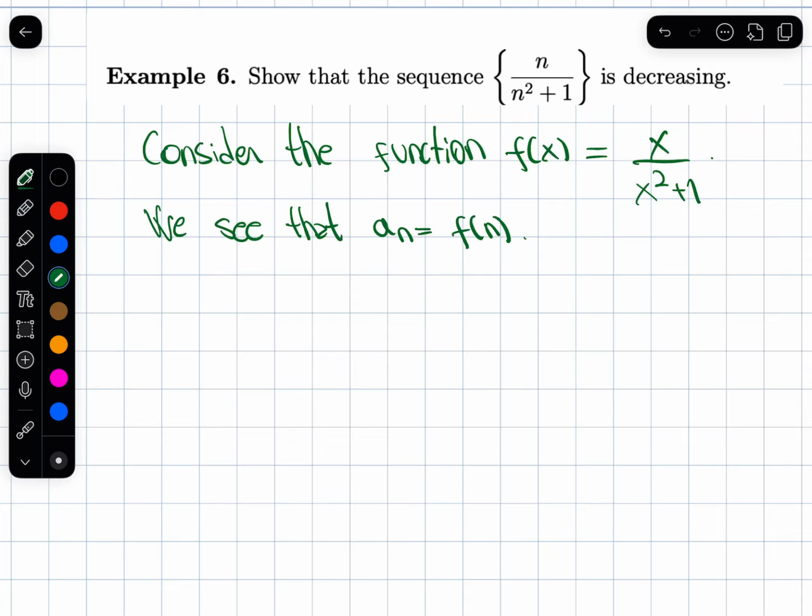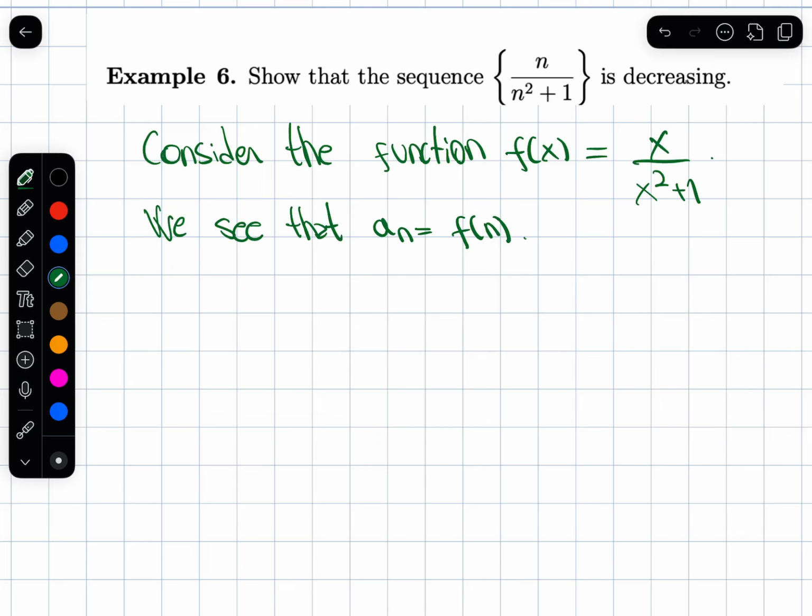For any natural number that you plug into f(x), you're going to get a_n, the nth term of that sequence. And so if you can prove that the function itself is decreasing, the sequence will always also be decreasing. And if you're seeing this content after taking Calculus 1, you will also realize that you can show that a function is decreasing by taking its derivative and checking that the derivative is negative.